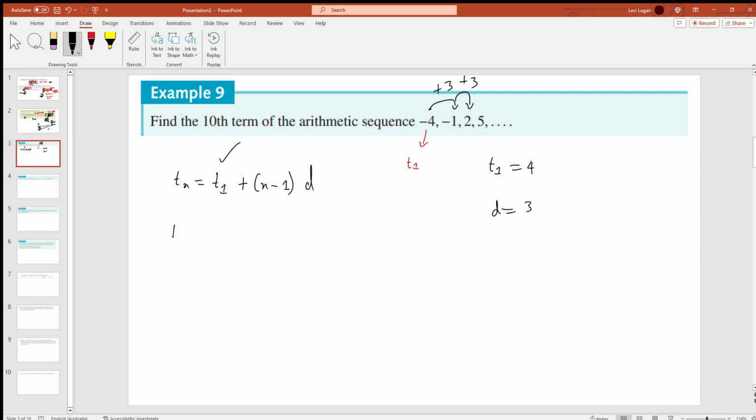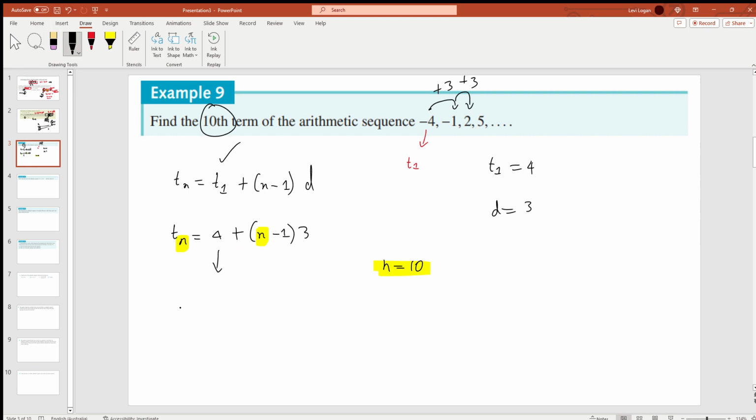So let's see what we have. T of n is equal to the first term, which is -4, plus n minus 1 times 3. Okay? Now we're asking for the 10th term. So that means we're looking for when n equals 10. If you want the 10th term, you substitute 10 into your little rule here, because we've actually got a little formula here.